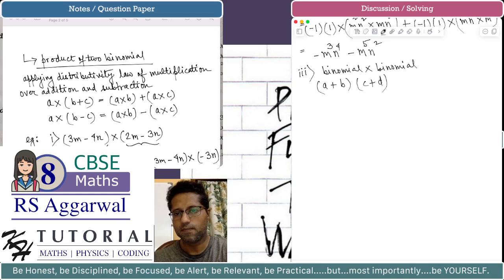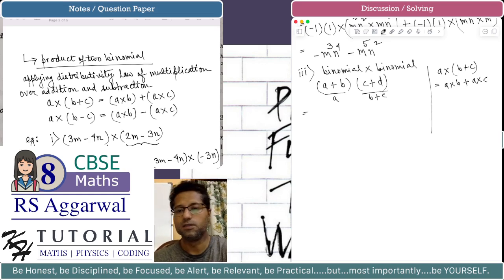This is the product of two binomials. You consider this as a and this as b plus c. We know that a multiplied by b plus c, using the distributive law of multiplication over addition, is equal to a multiplied by b plus a multiplied by c.